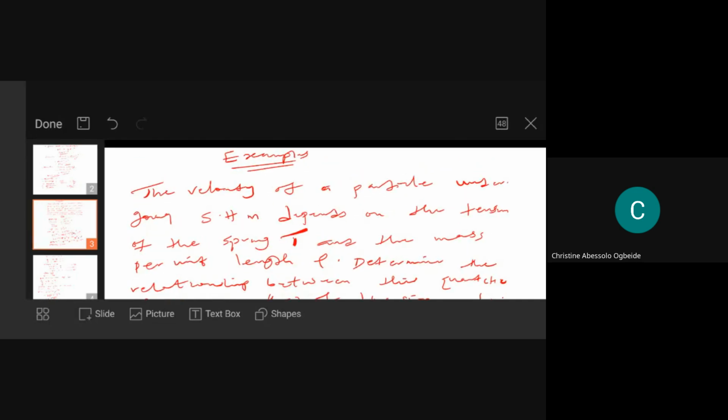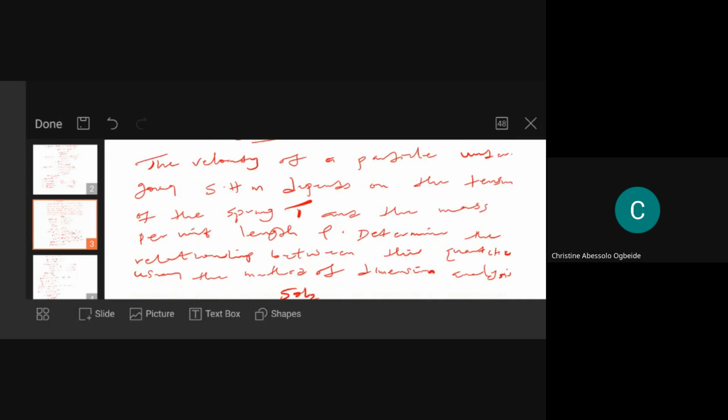Let's go back to the question. Here comes the question. The question says that the velocity of a particle undergoing simple harmonic motion depends on the tension of the spring T and the mass per unit length rho.